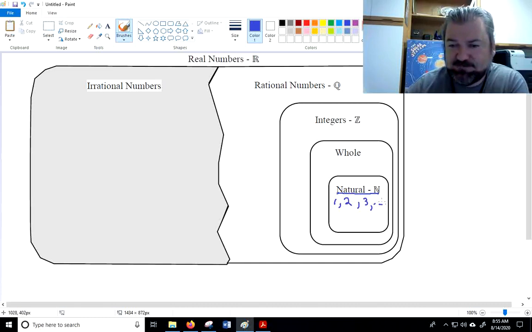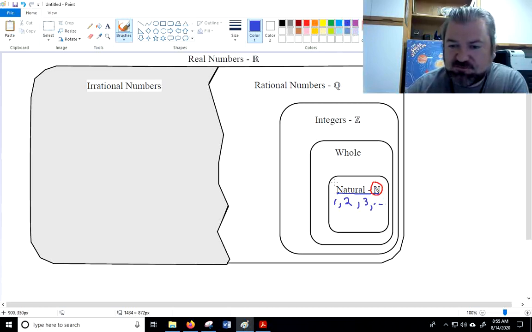numbers up from it. Okay, there is a special symbol for the natural numbers, and it is this double strike N. It just looks like someone typed an N with a typewriter and then hit it again, so it's just kind of extra big. All right, next we move on to the whole number set.